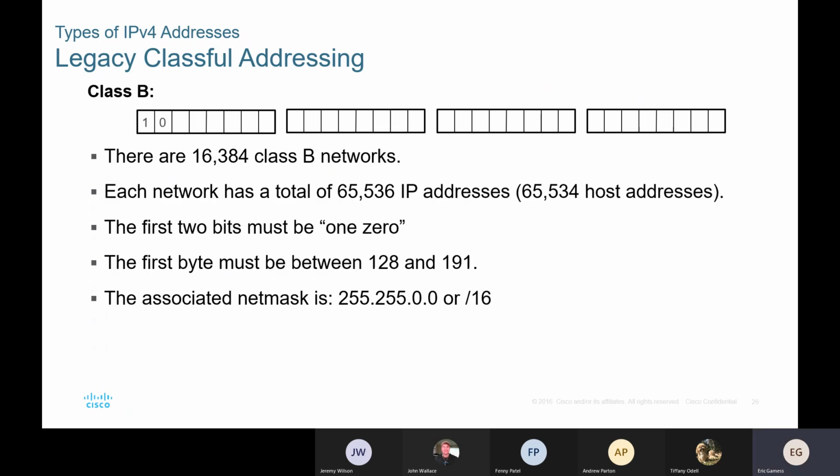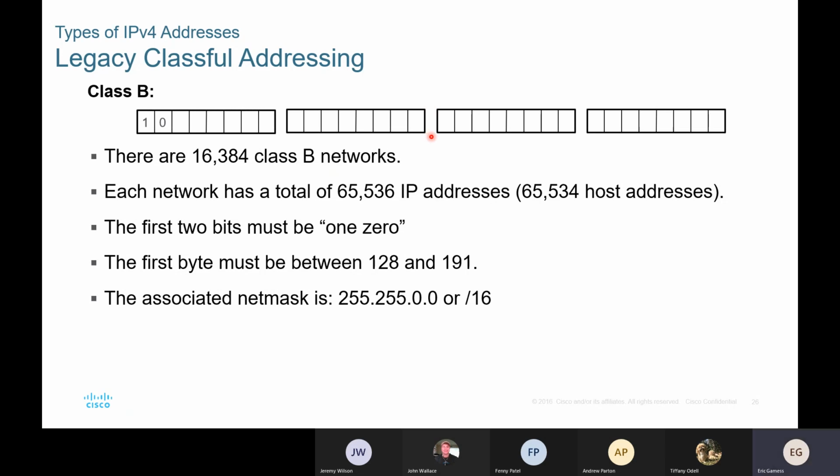Okay, let's see the class B. In the case of class B, the first 2 bits have to be 1, 0. And the separation between the network part and the host part is done here. If the separation is done here, what will be the net mask?